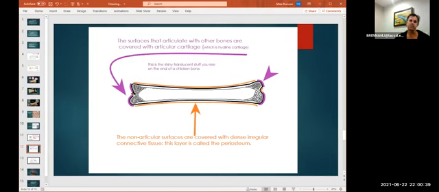Now, let's go back to the outside of a bone here. The surfaces of a bone that will mesh or articulate against another bone, say the tips of your leg bones that join at the knee, these surfaces are called articular surfaces. They're covered with what's called articular cartilage, which in almost all cases is going to be hyaline cartilage.